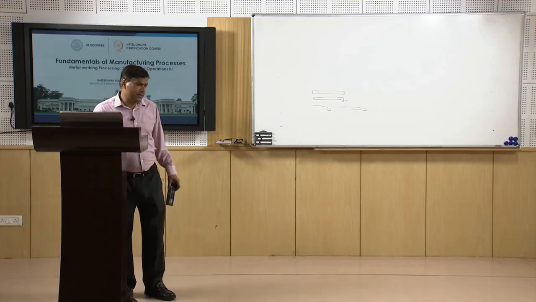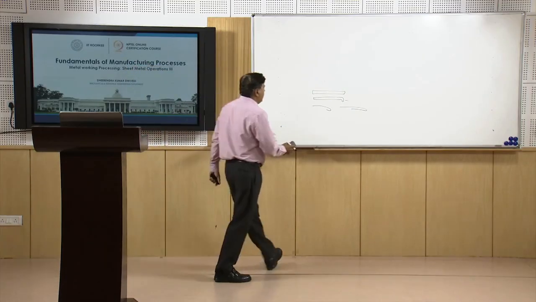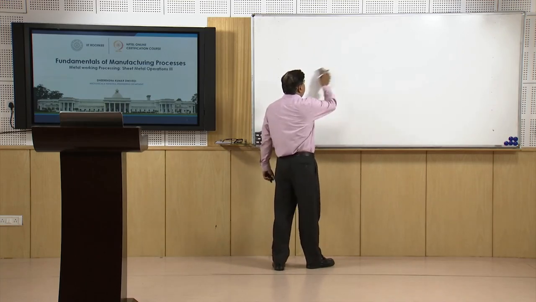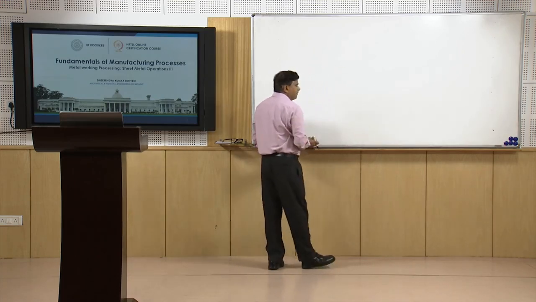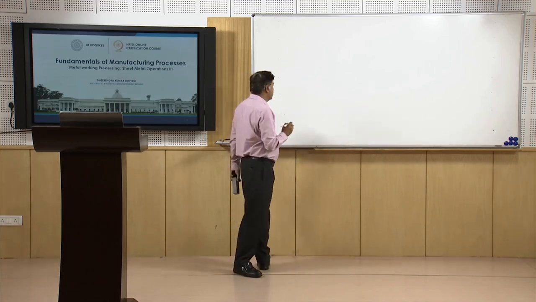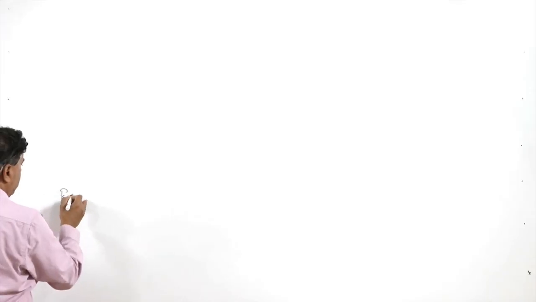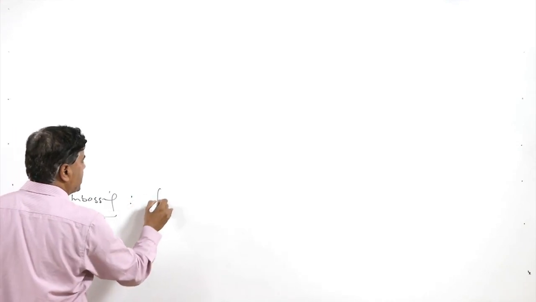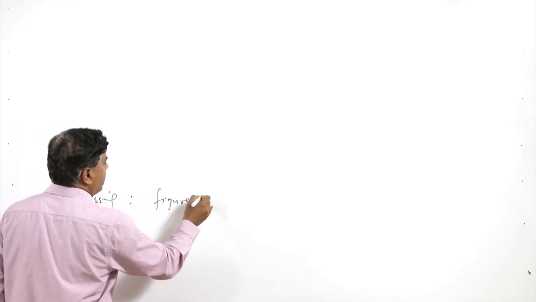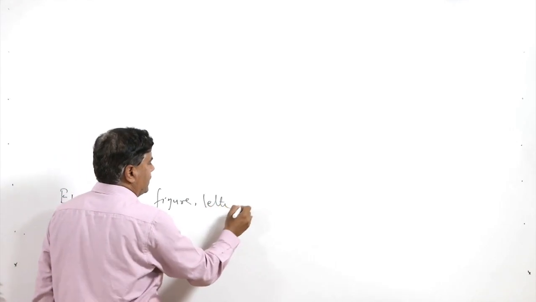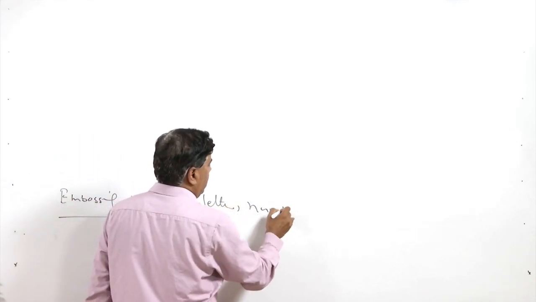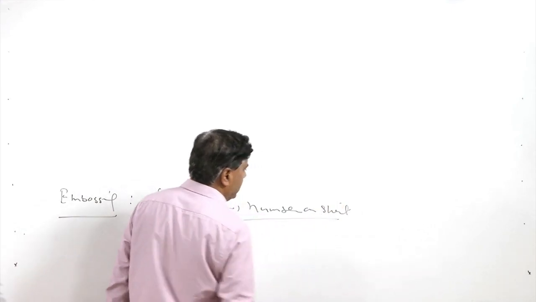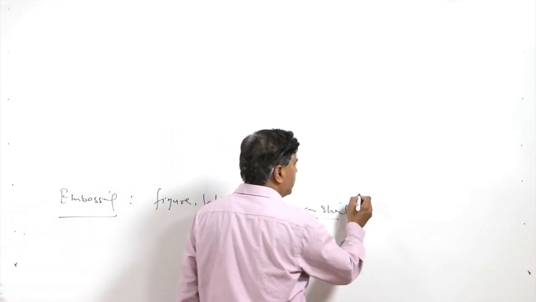Then another one is embossing. Embossing is basically a process of producing figures, letters, numbers onto the sheet metal. Basically it is used for two purposes.